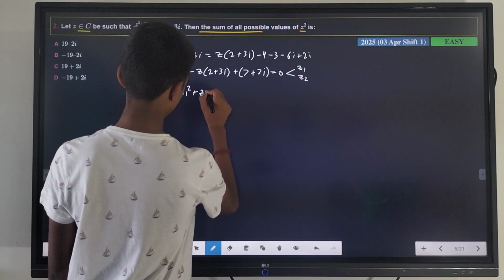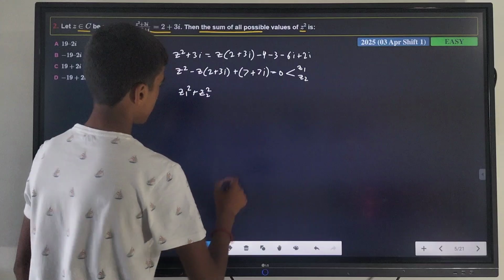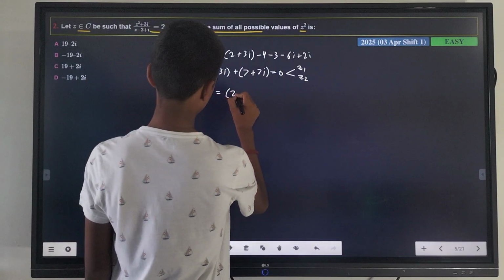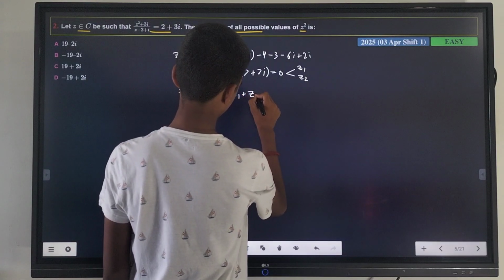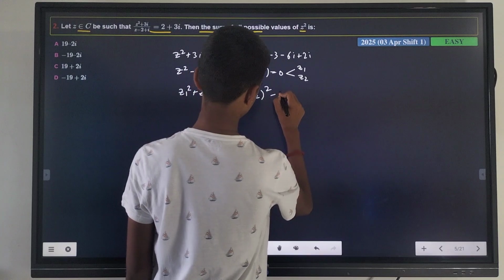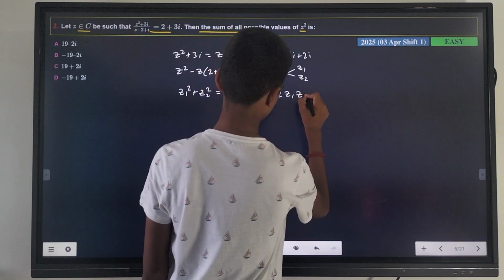So we can write this as z1 plus z2 whole square minus 2 times z1 z2.